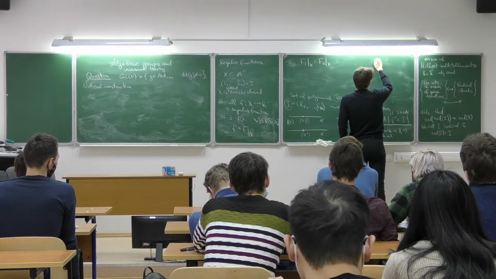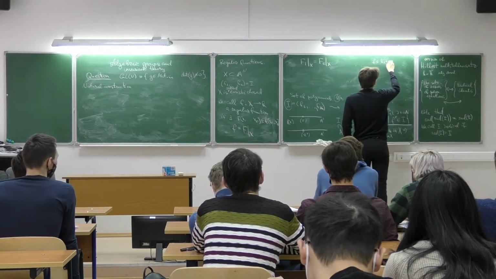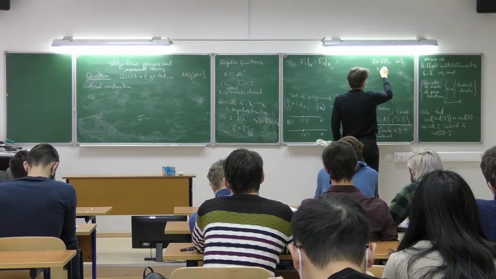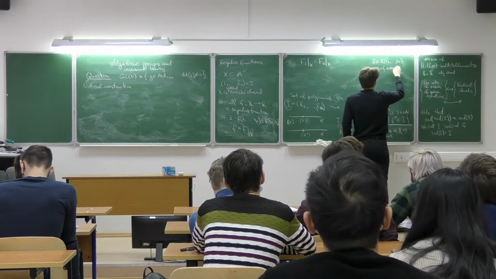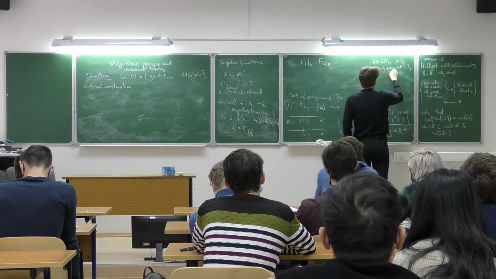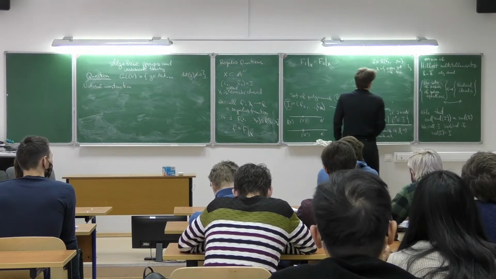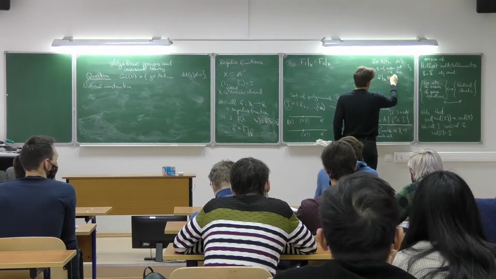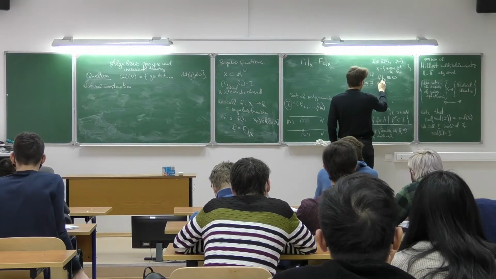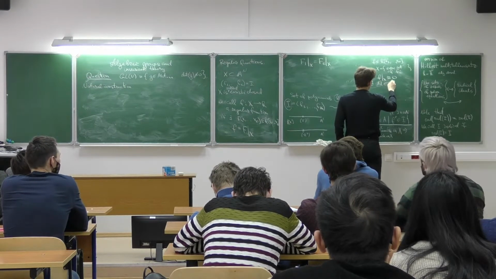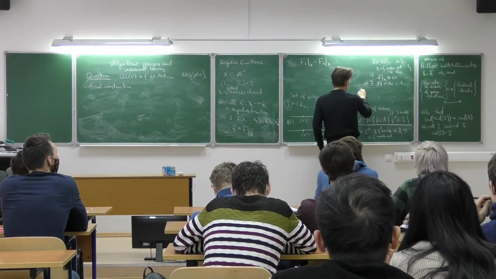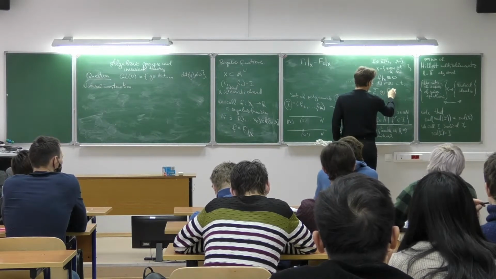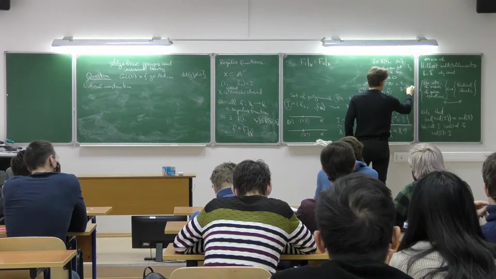If you have a polynomial f, and X is the zero set of a collection of polynomials fi, then if f vanishes on this zero set, there exists some power m such that f to the power m is a linear combination of gi fi, where gi are also polynomials in K[x1, ..., xn].